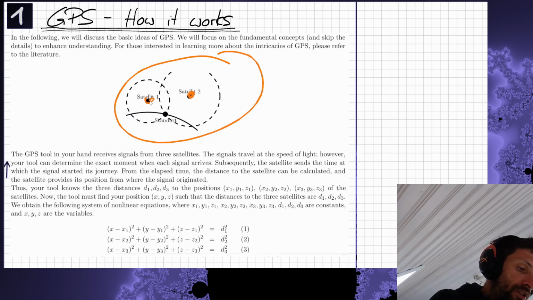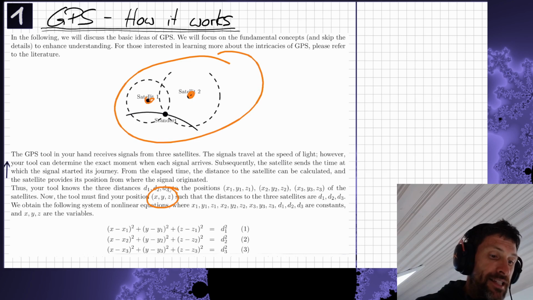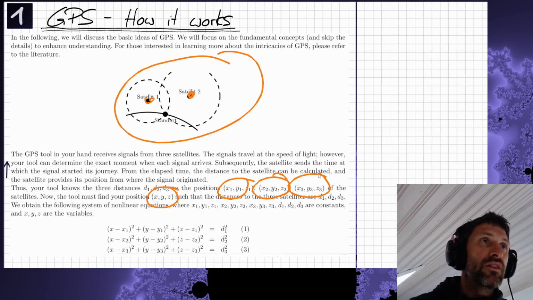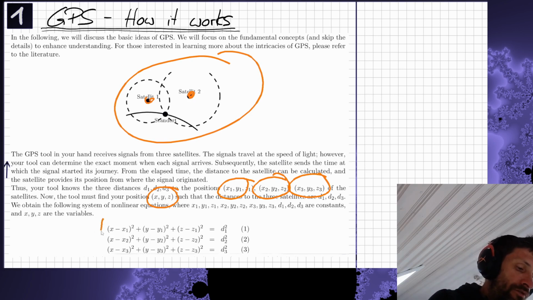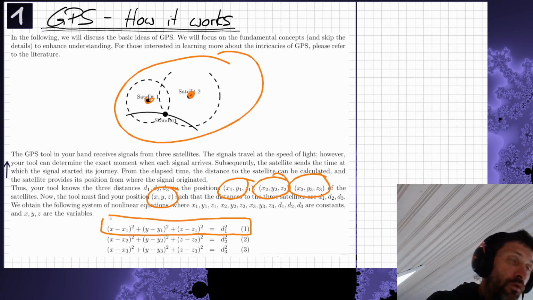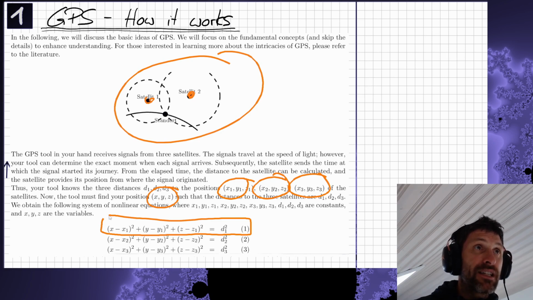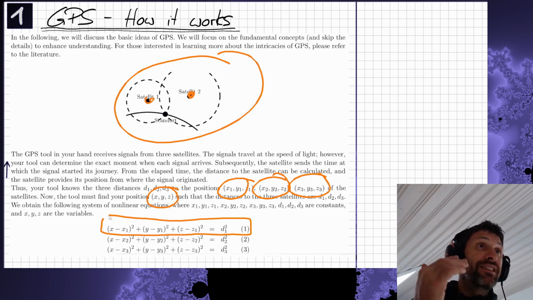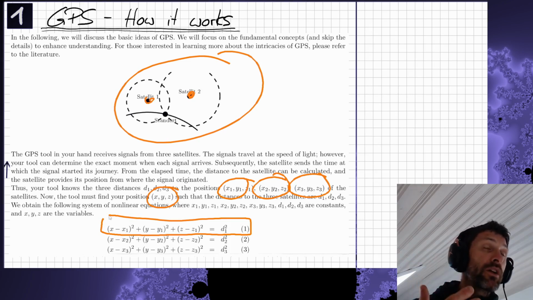And our position is the unknown position x, y, z. We have three positions from the three satellites, x1, y1, z1, and 2 and 3. And then we know this is the equation for the distance, x minus x1 squared plus y minus y1 squared plus z minus z1 squared is equal to the distance d1 squared.